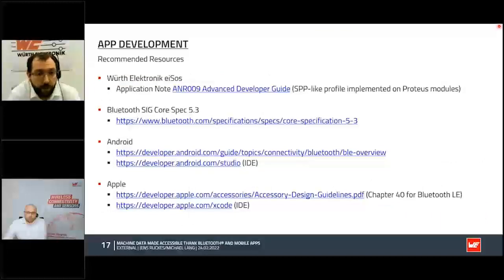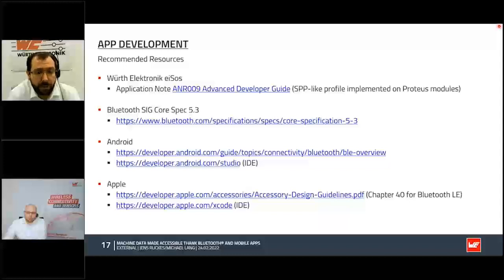I'm not that exciting, but here is a quick list for your reference of recommended resources regarding application development for smart devices. So could be Windows too, and not only Android and iOS. Feel free to have access to this stuff.